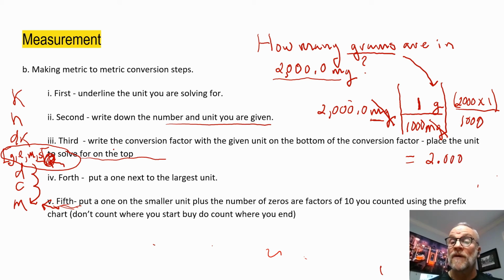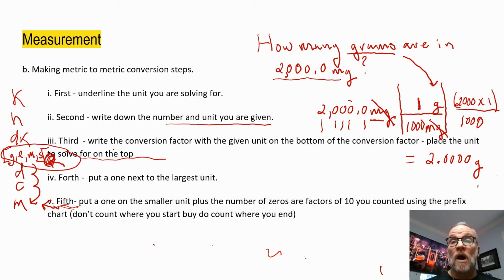Let's see how many significant figures we had in our given. We had 1, 2, 3, 4, 5. So we need to have 5 significant figures in our answer. Don't worry too much about that. We're going to talk about that later, and I'll explain in detail why that is. 1, 2, 3, 4, 5 grams. Okay. And so there is your answer.